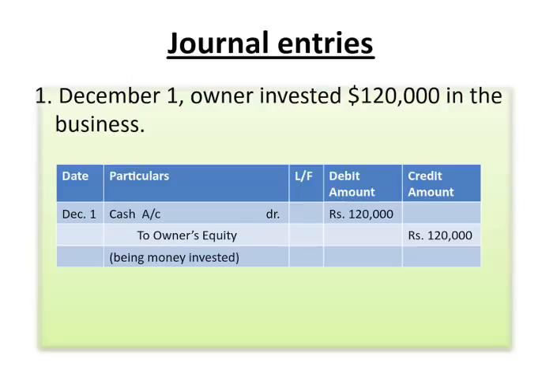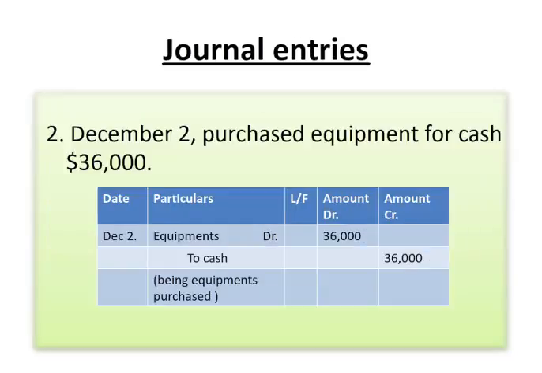In all the journal entries, while recording the transactions, we think ourselves as an accountant of the business. Then we will post all the entries in a proper order. We think from the point of view of the business.